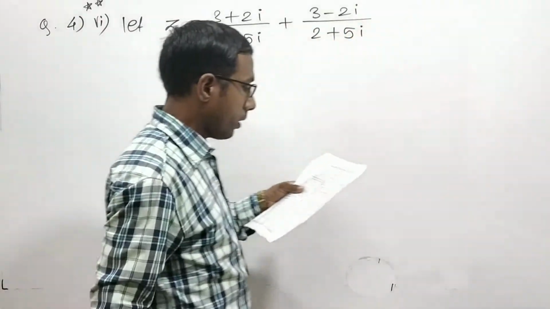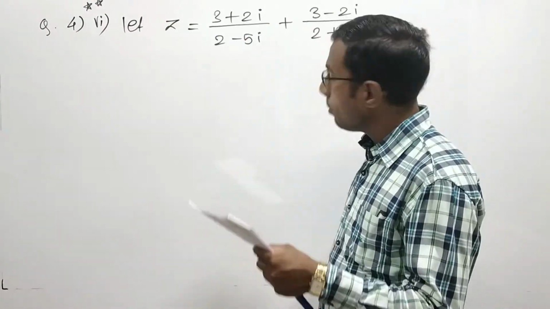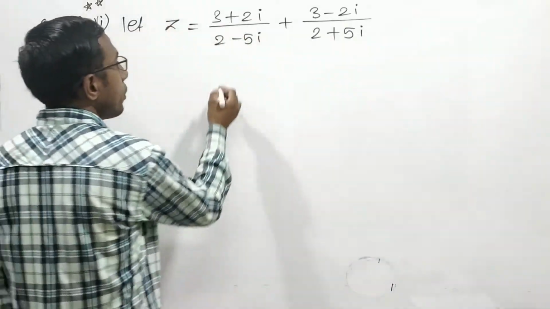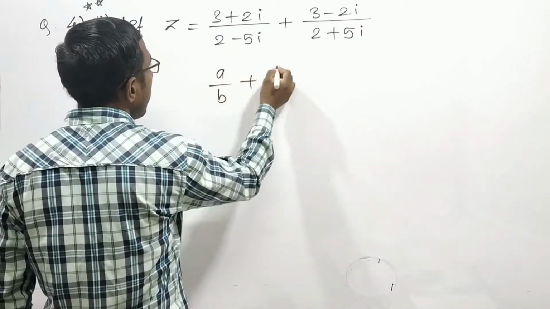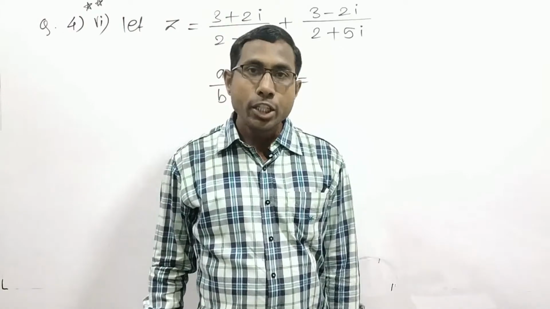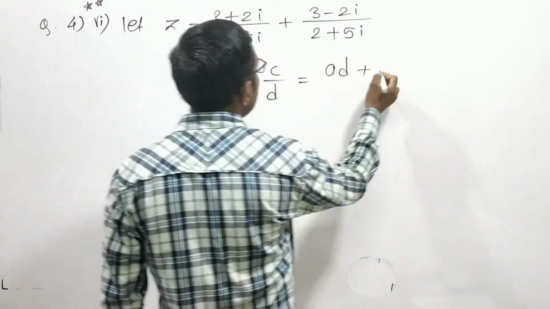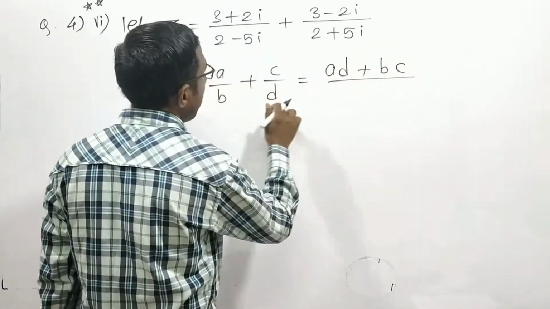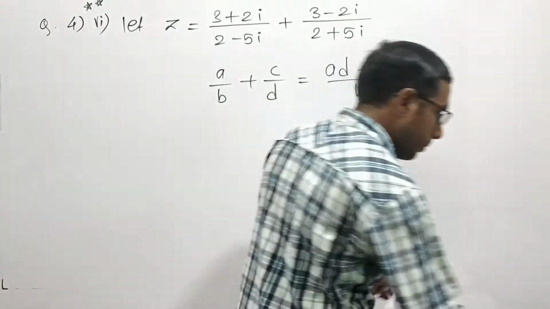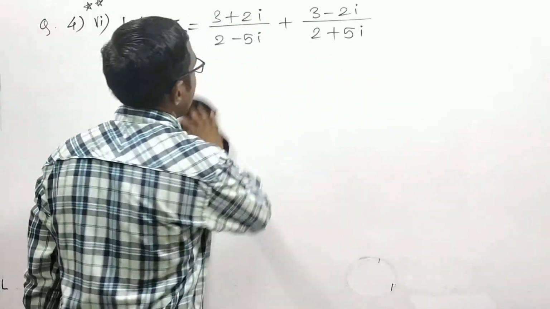See, 3 plus 2i upon 2 minus 5i plus 3 minus 2i upon 2 plus 5i. Let's see the solution. First of all, we'll use the concept a by b plus c by d. In short, addition by cross multiplication. So it's a into d plus b into c, divided by b into d, like this. Is it? So let's see the solution.